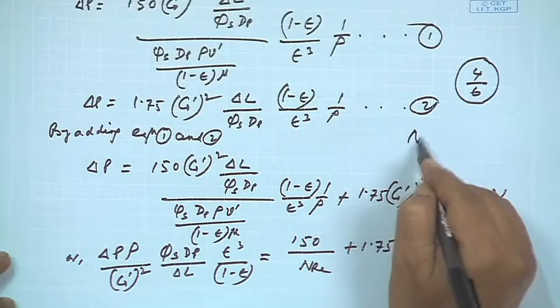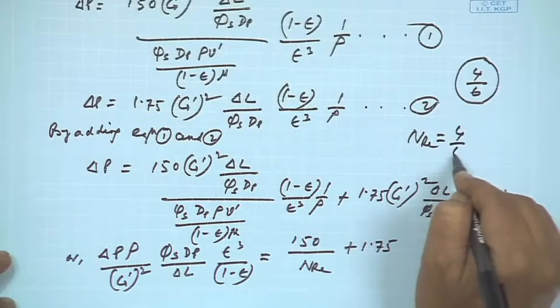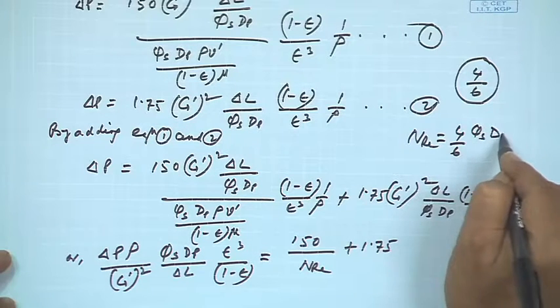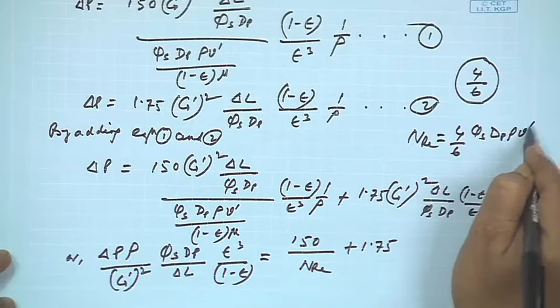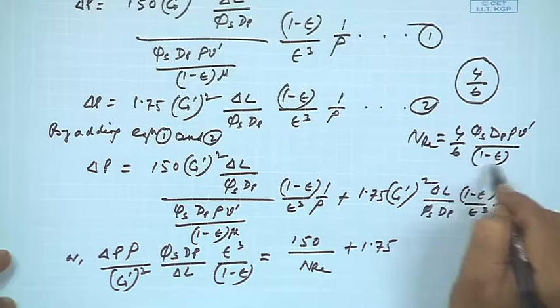For NRE in the packed bed we had seen it was 4 by 6, phi s dp rho v prime over 1 minus epsilon into mu.